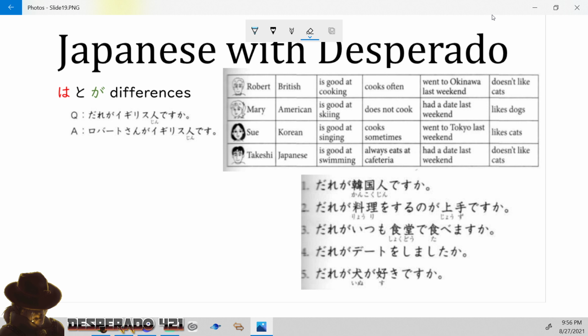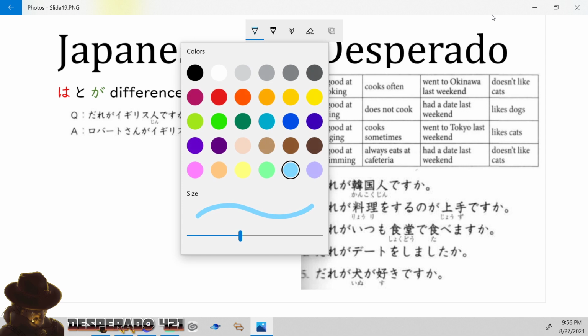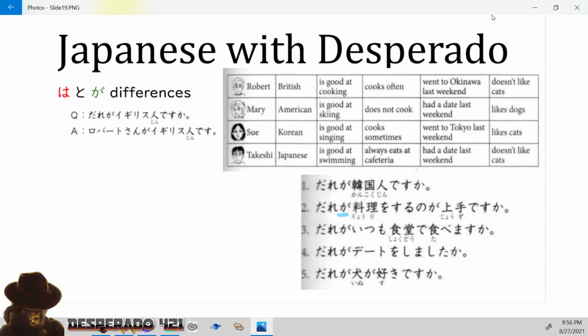So yeah, Robato-san wa ryori o... Oh, did I not say ga? I did not say ga. Robato-san ga ryori o suru no ga jouzu desu. Very good. Fantastic.